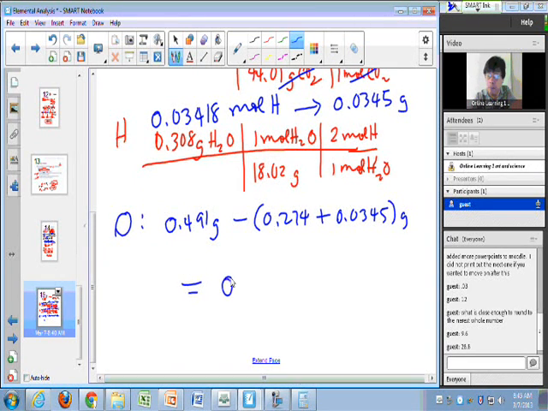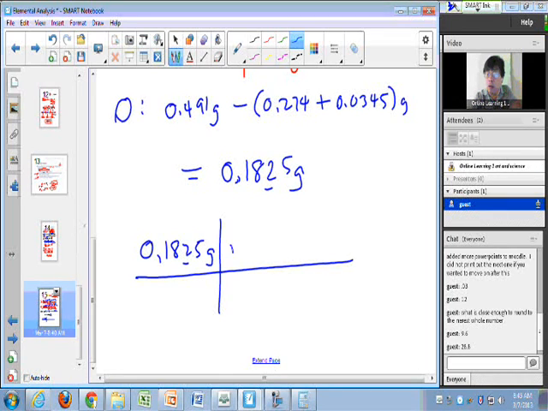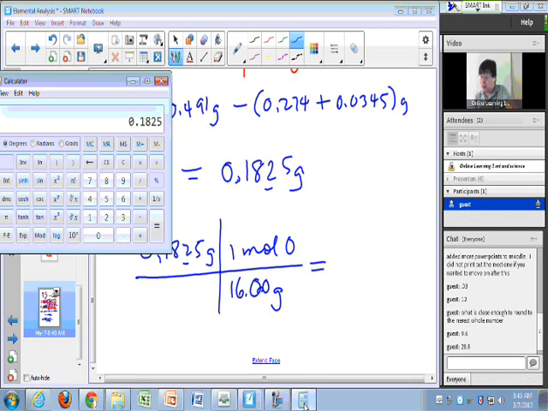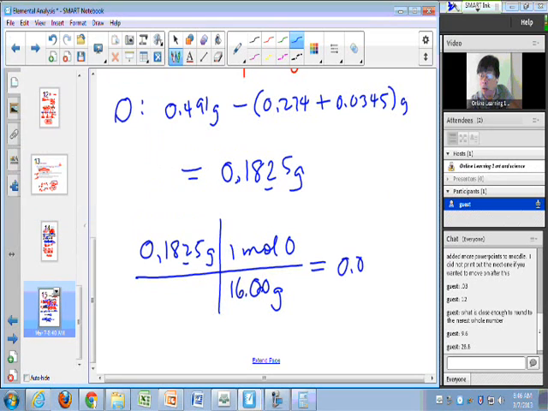Three sig figs grams. So change that to moles. 0.1825 grams oxygen. 1 mole oxygen is 16.00 grams. 0.1825 divided by 16 is 0.0114 moles of oxygen.